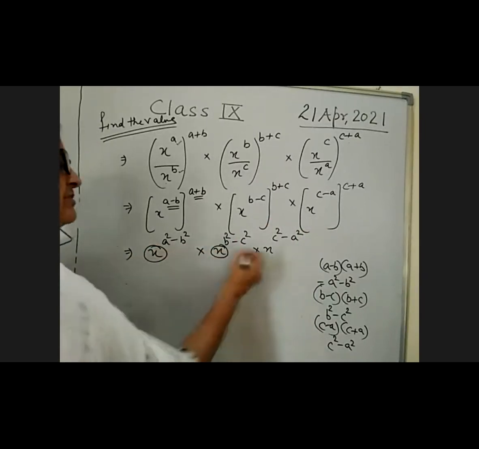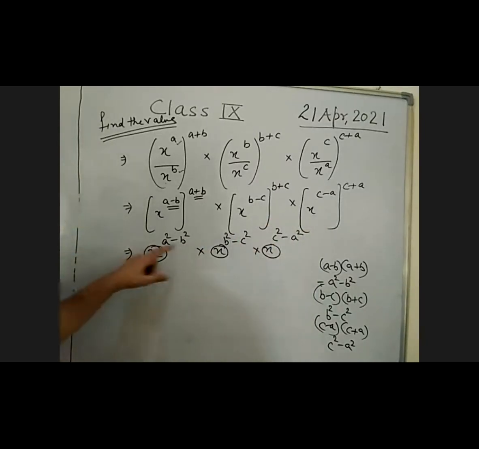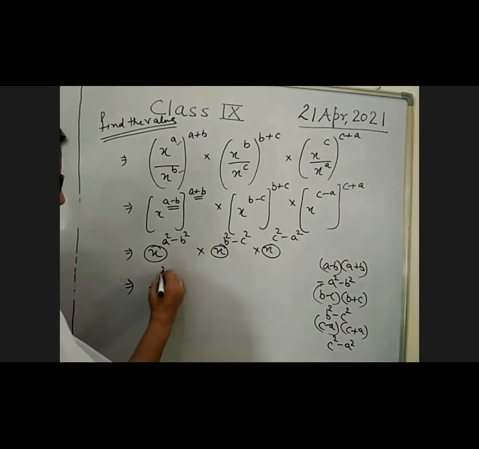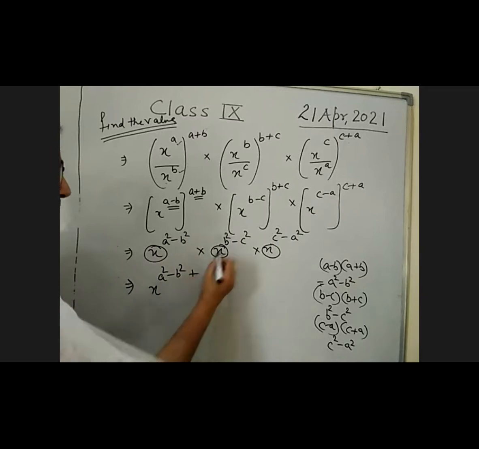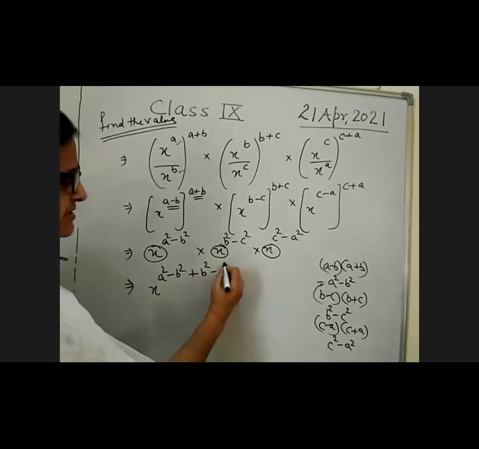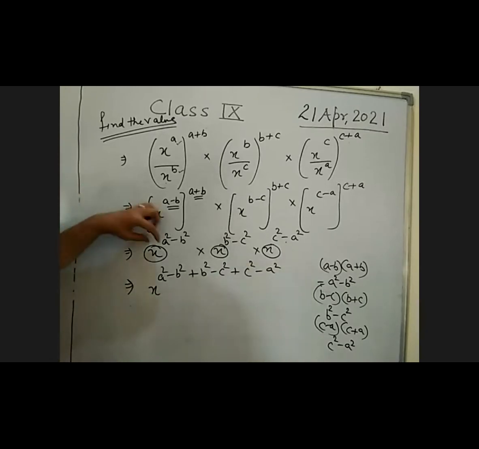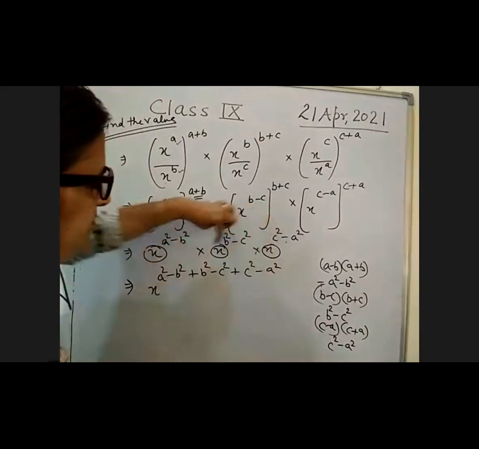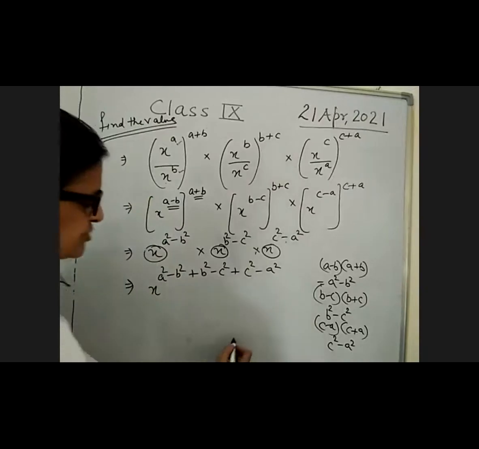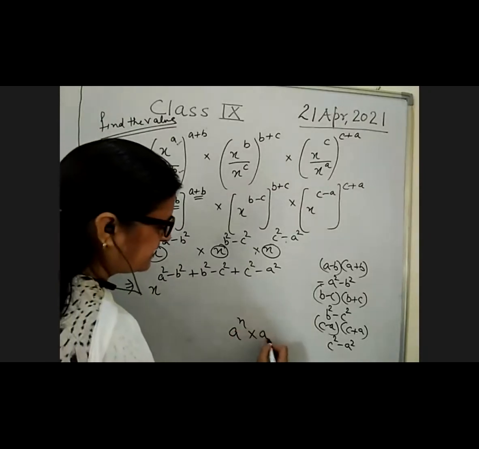Now again the bases are equal and the powers will add. So a square minus b square plus b square minus c square plus c square minus a square. When the bases are equal and the multiply sign is given, which rule are you applying here?